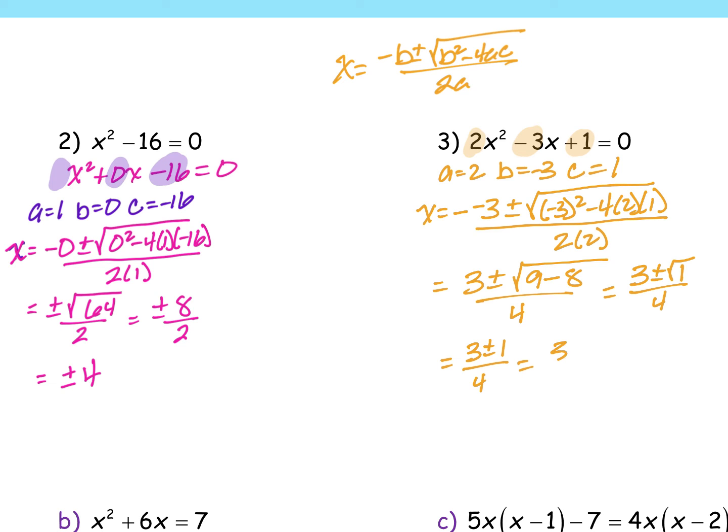So that gives me 3 plus 1 divided by 4 and 3 minus 1 divided by 4. So my answer should be 3 plus 1 is 4, divided by 4 is 1. And 2 divided by 4 is 1/2. There's my answers. Questions?